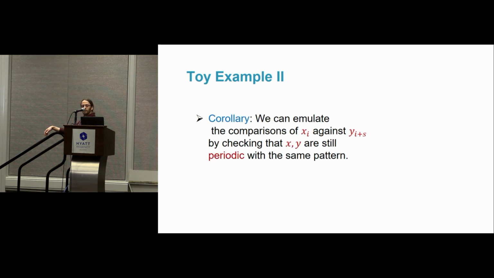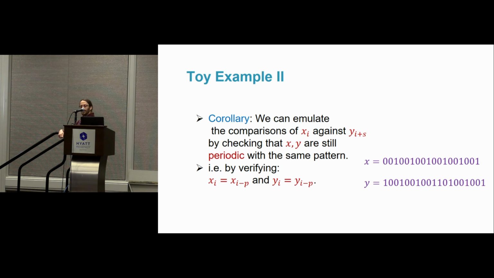So then here is an idea. Instead of comparing x_i versus y_{i+s} for all the possible shifts, we will just check that x and y are still periodic with the same pattern. What do I mean by that? I will check that x_i matches x_{i-p}, and y_i matches y_{i-p}.